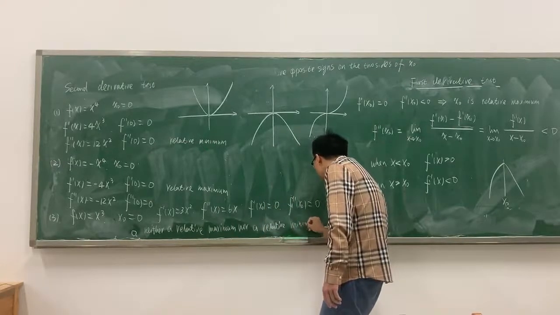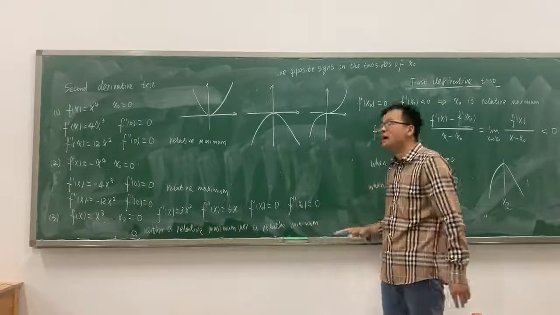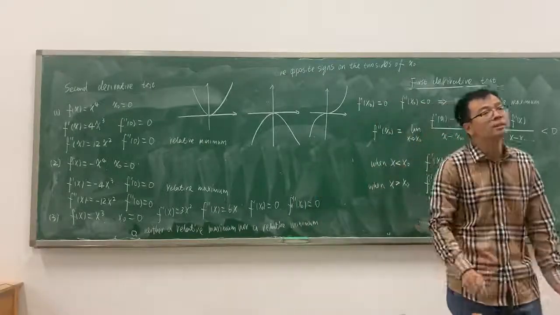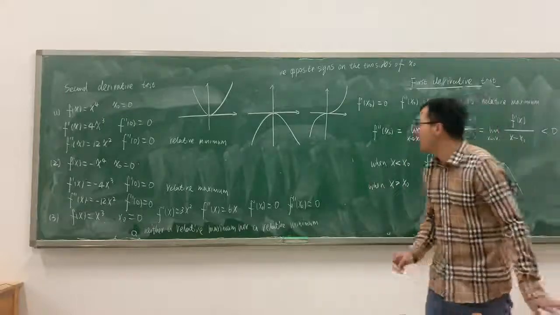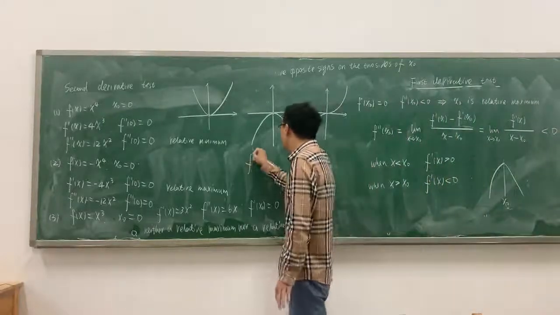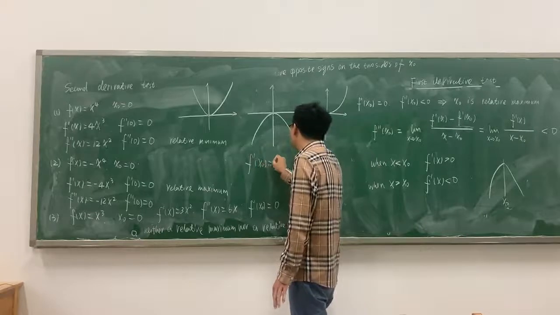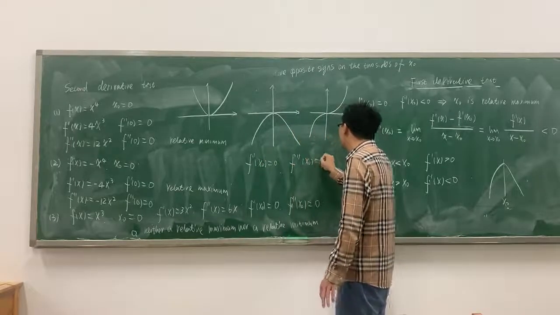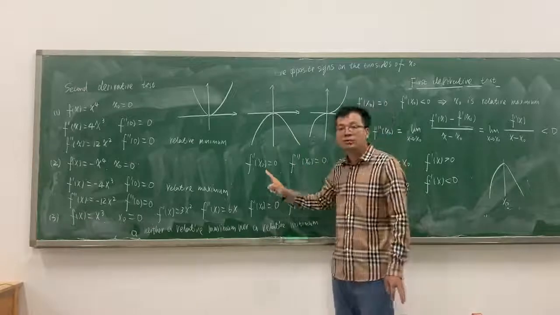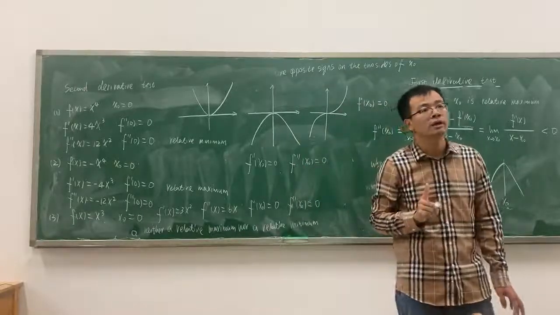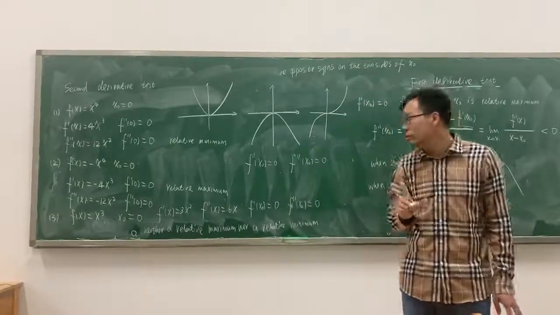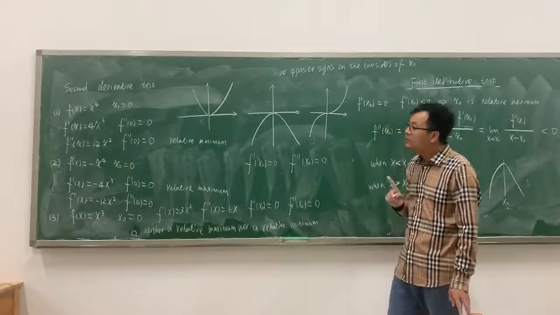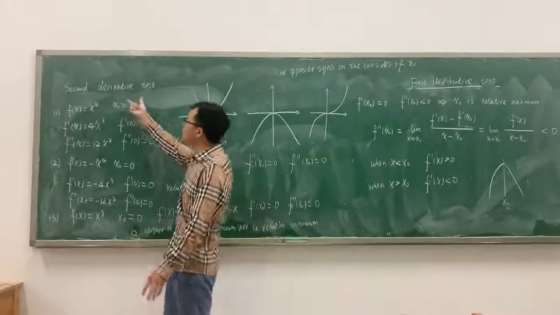So from these three examples, if f prime at x0 equal to 0 and f double prime is also equal to 0, we do not have any conclusion. So from here we have the second derivative test.